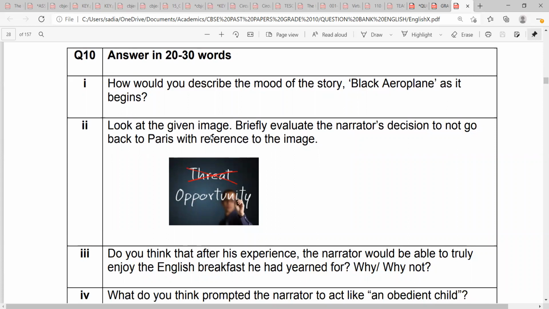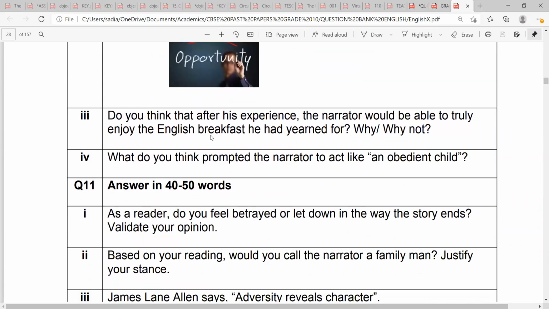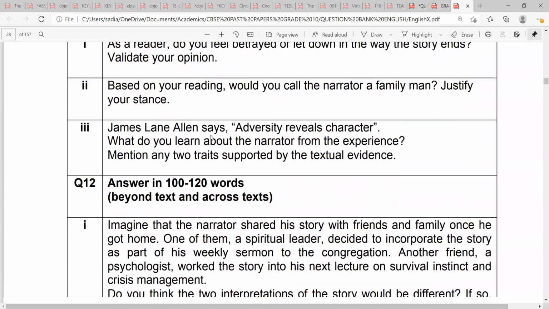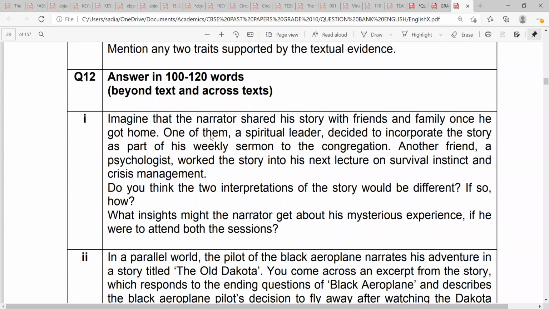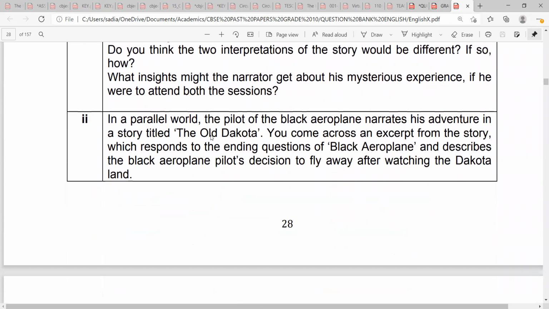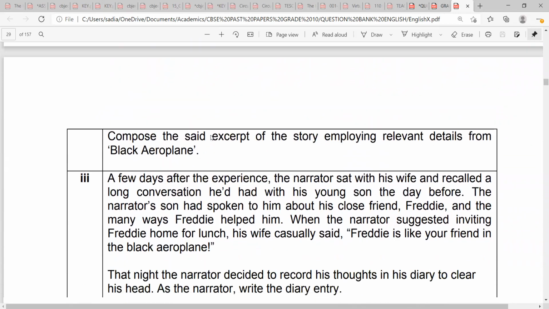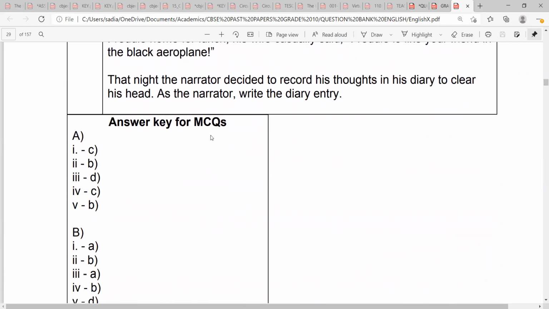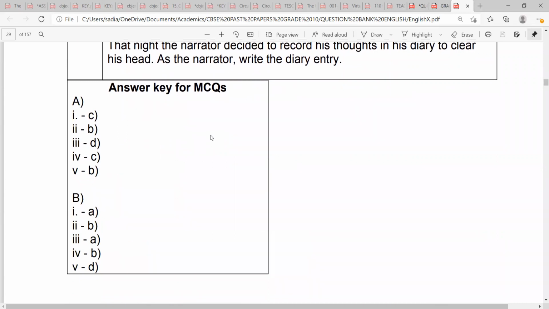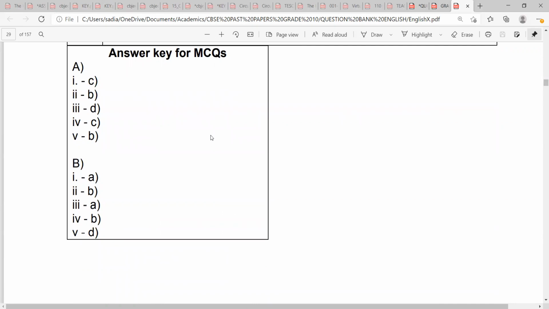Answer in 20 to 30 words, 40 to 50 words, 100 to 120. These are beyond and across the texts. And here come your detailed answers and answer keys for the MCQs for A and B.